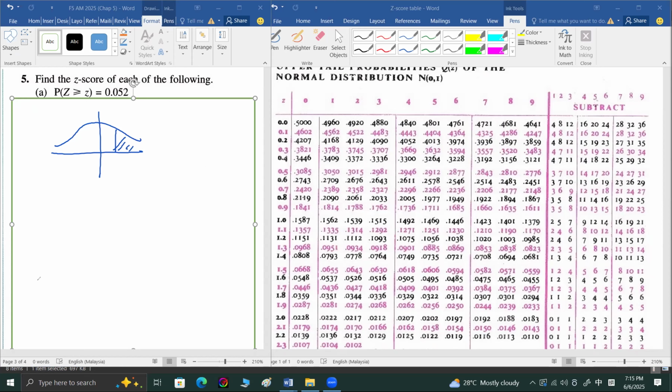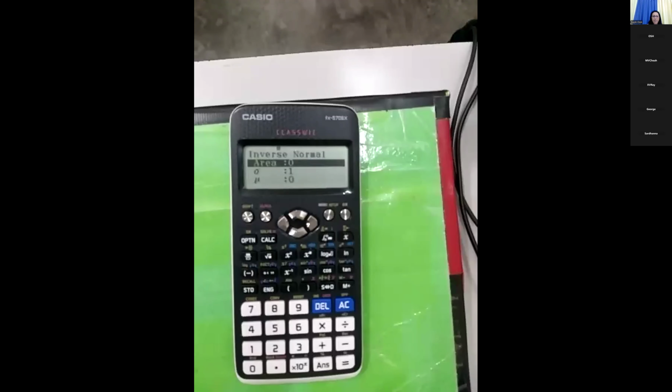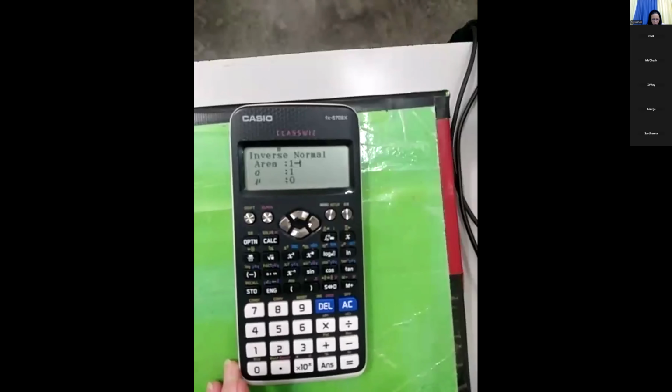So how to change? Okay, now back to my calculator. Area. This is the right side, right? Cannot. You must change it to the left side. So to change it to the left side, you have to use 1 minus 0.052.